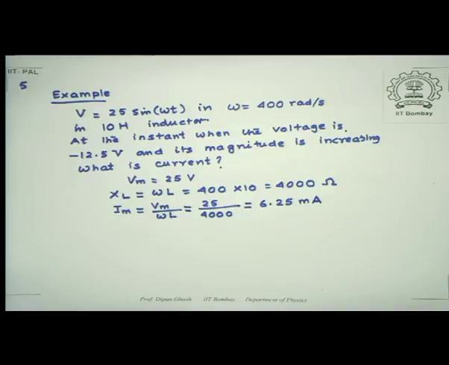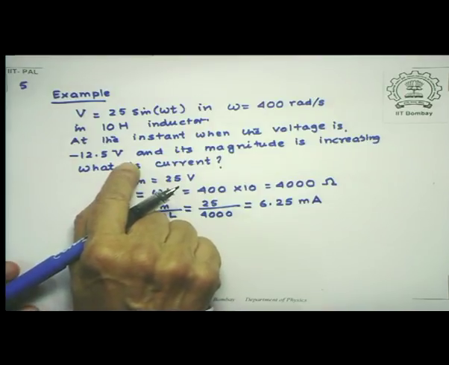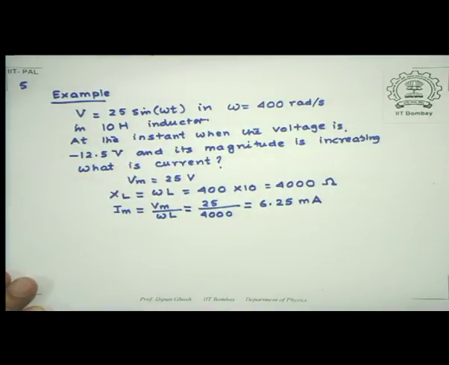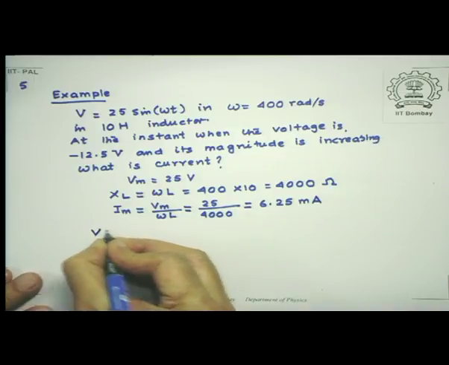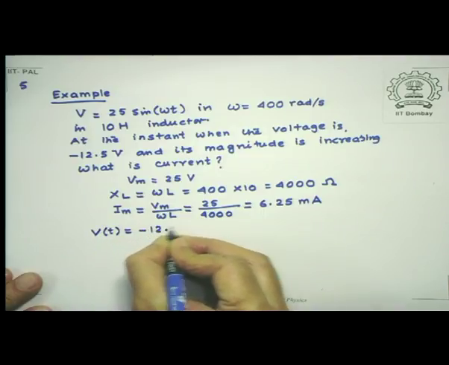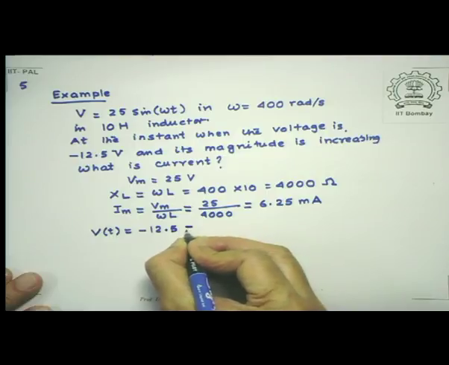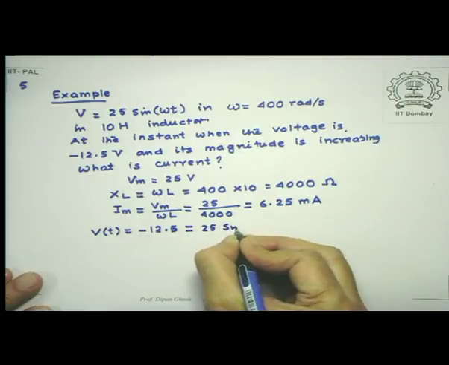Now let's look at what is the instant when voltage value is minus 12.5 volt and it is increasing in magnitude. Now look at what it means. So what it says is my V of t is minus 12.5. And the general expression for V of t is Vm, which is 25 times sine omega t.